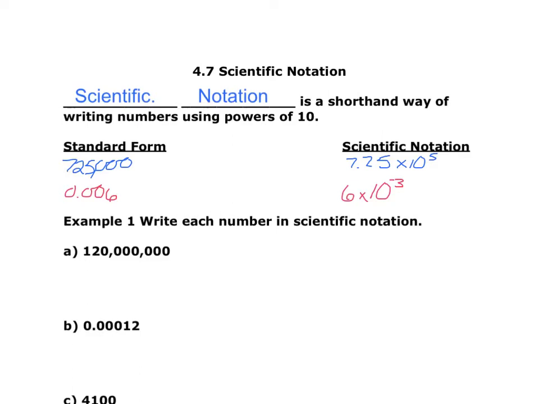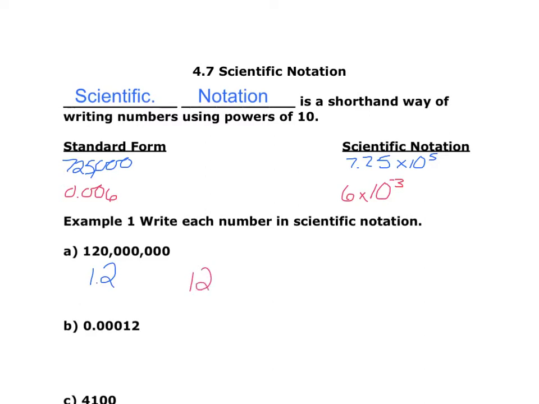Where a lot of my students make mistakes is on example A, we'll have something that looks like this. We have 120 million, okay, and what I need to do is make sure that the number that I write out in front in scientific notation is a number that is between 1 and 10. Now I'll have a lot of my students do this.